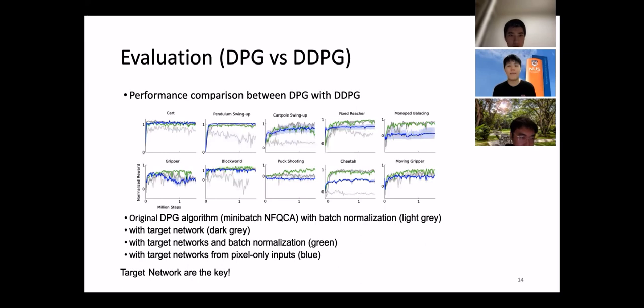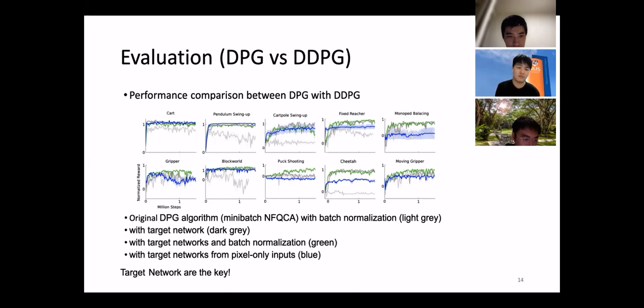Here is the evaluation of DPG versus DDPG by the authors in the paper. The authors tried several experiment games of different difficulty levels to test the performance. From this picture, we can see the light gray line is the original DPG algorithm, and the others mostly implement the target network and also some other features.